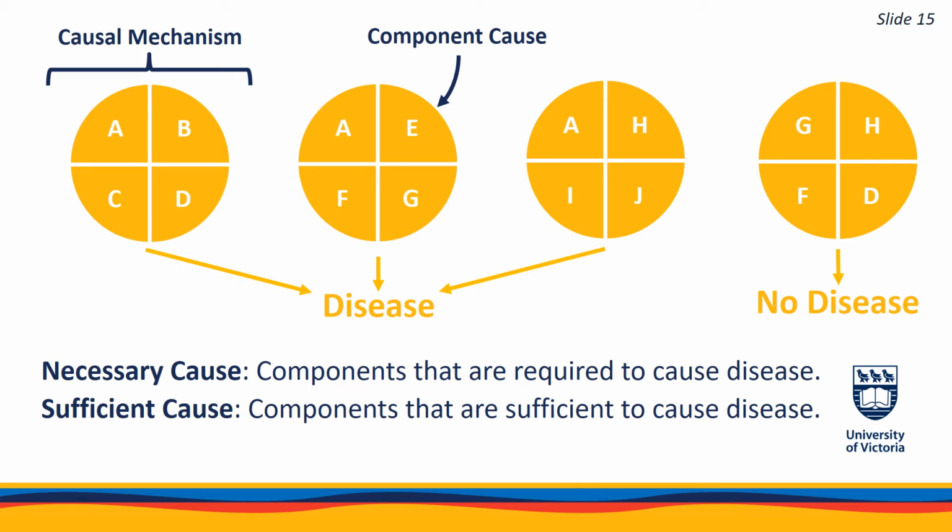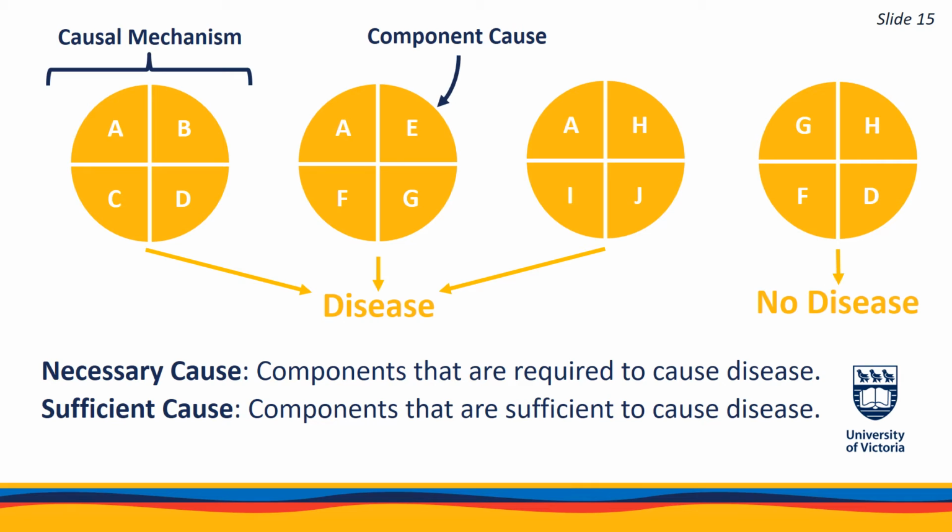You also have in this example A in all 3, but none of the other variables are actually repeated. And so it looks like A alone was the only one that was needed. And so it might also be a sufficient cause. So having A might be sufficient to give rise to the disease.